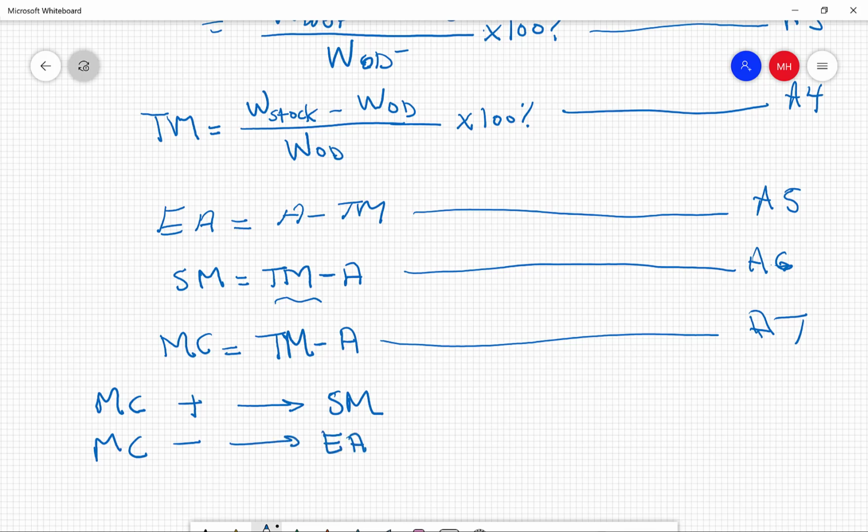Okay, so basically these values, whether the moisture content, as we mentioned in the previous lecture, we need these values.